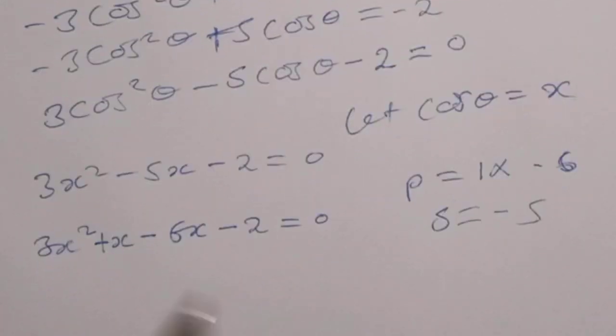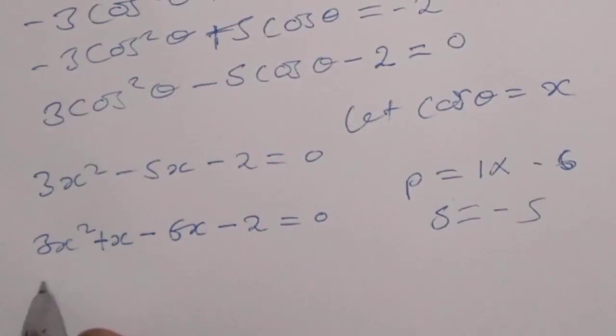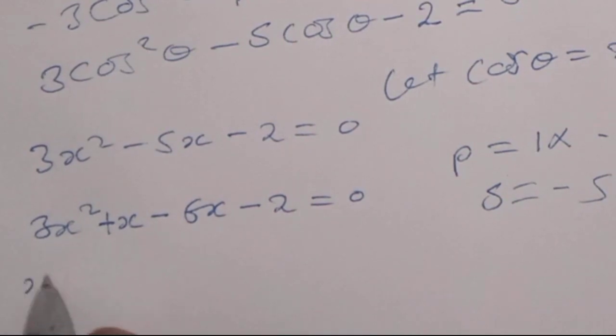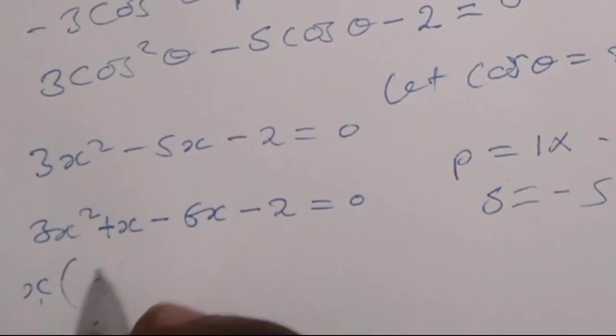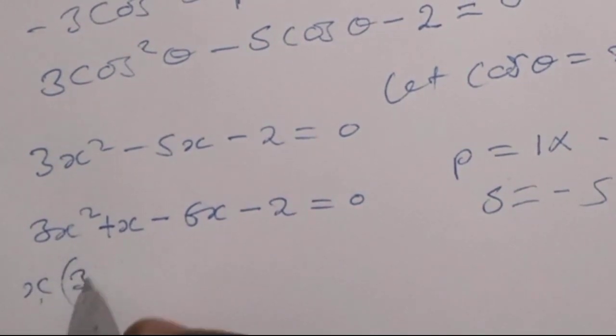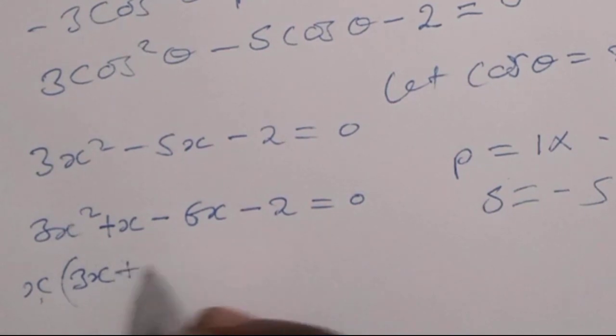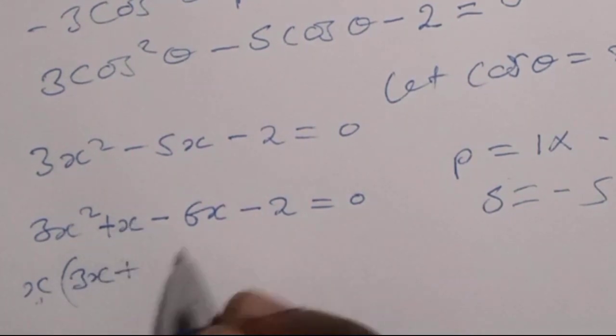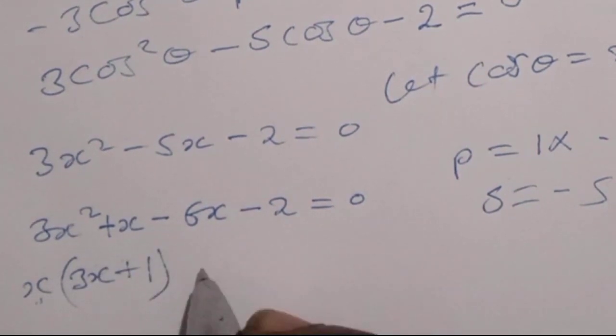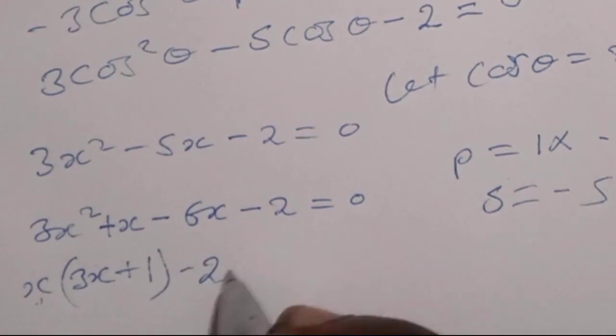Then let's factorize now. What's common here is x. Open bracket, x into 3x we remain with 3x, plus x into x, which is 1. Here what's common is minus 2.